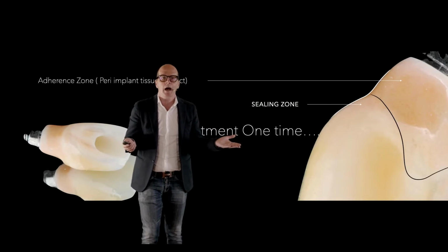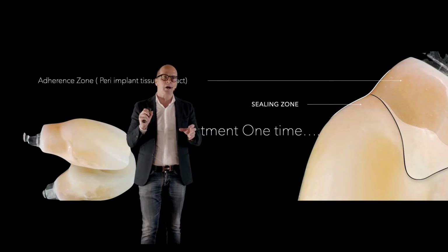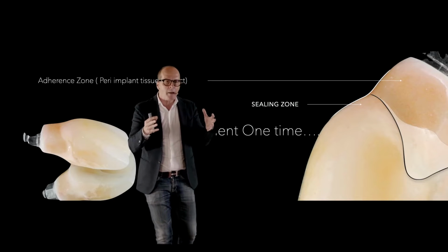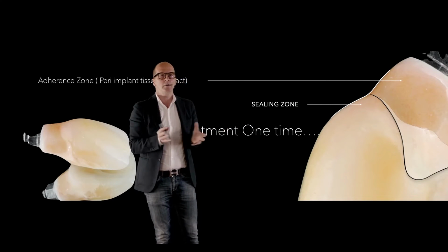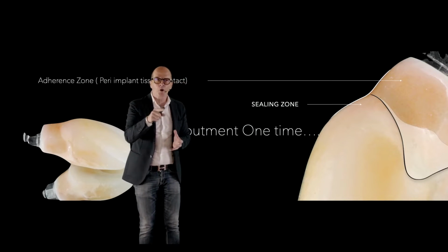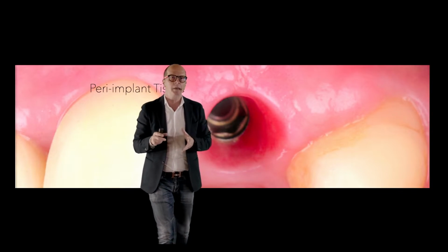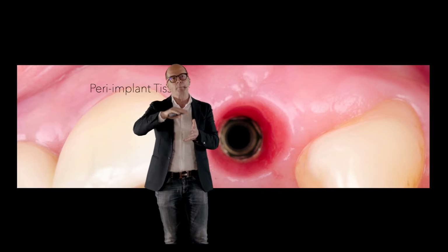I can place and remove the crown as many times as I want. This is not a problem because I'm not harming the soft tissue around the implant, because the real biological seal is apical to that. So any time I remove and reposition the crown, I can really work on my prosthetic.